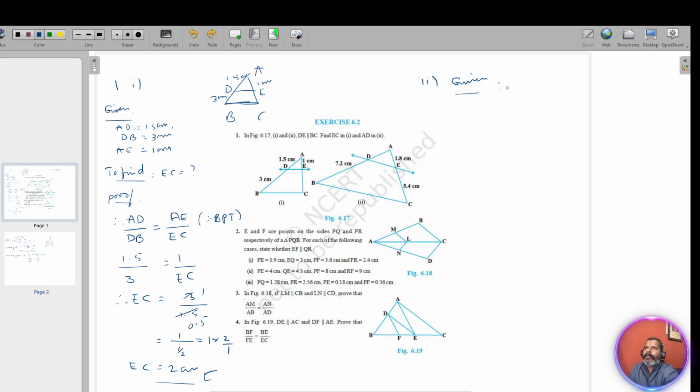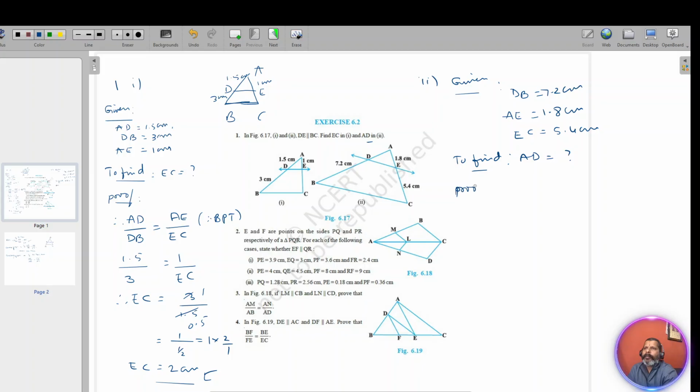DB is given 7.2. AE is given 1.8 centimeter, and EC is 5.4 centimeter. To find what? If you check out, to find, we want AD in it.